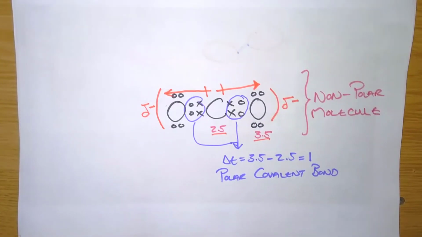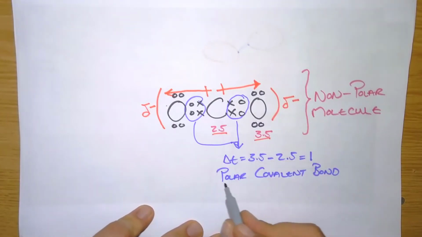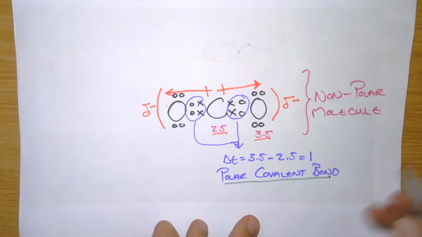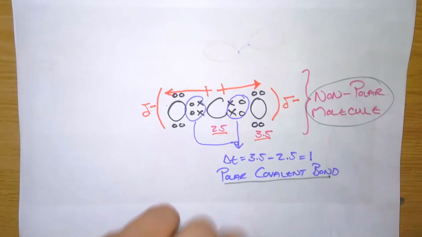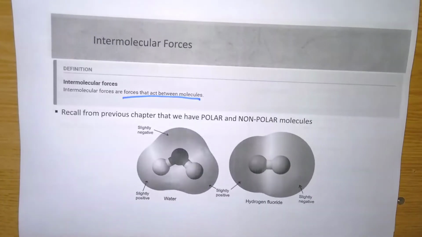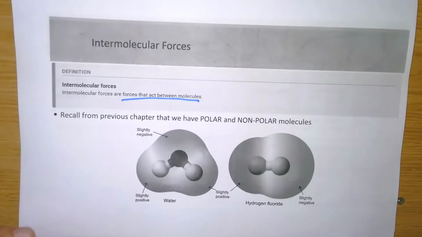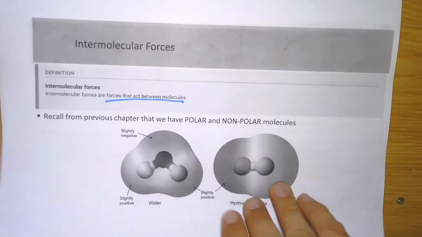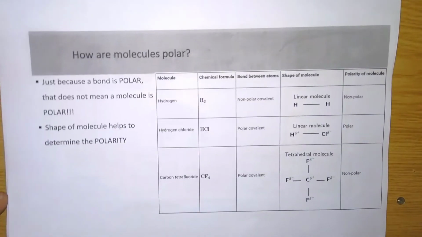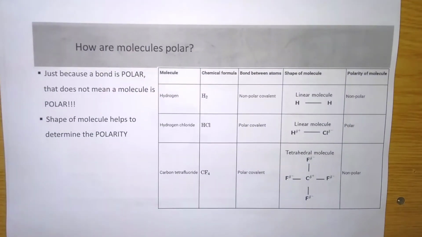Okay, what's important here is the fact that this molecule has got polar covalent bonds, but it is a non-polar molecule. Okay, so it's very important for us to still be able to determine if it's a polar or a non-polar molecule.